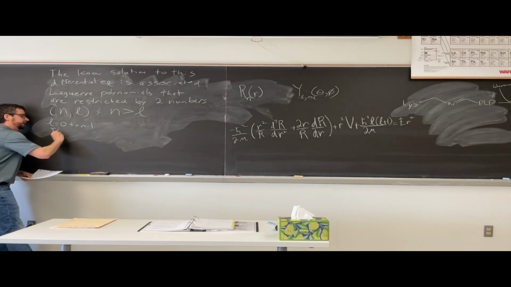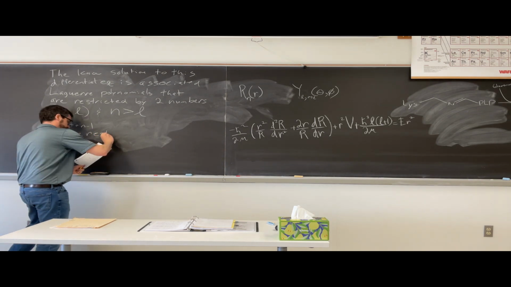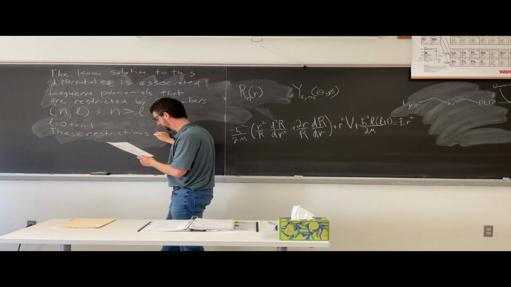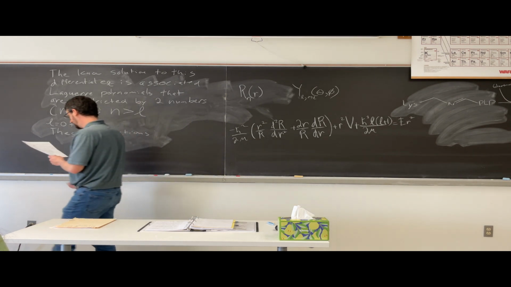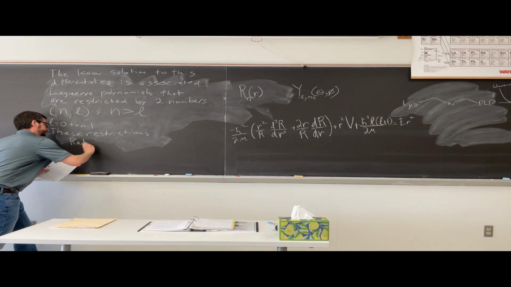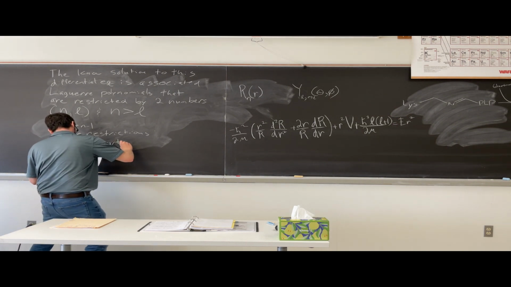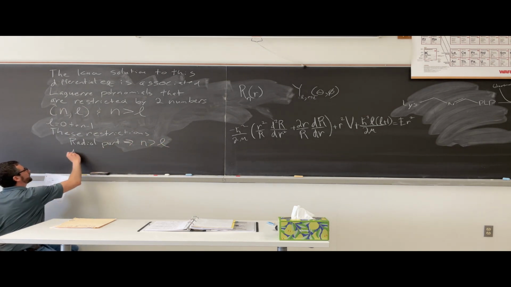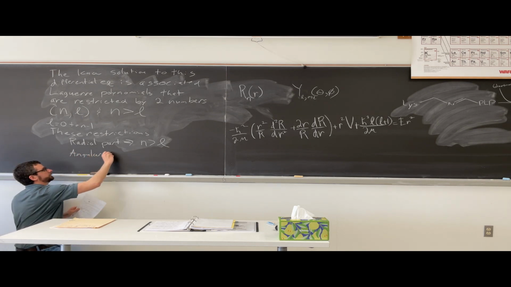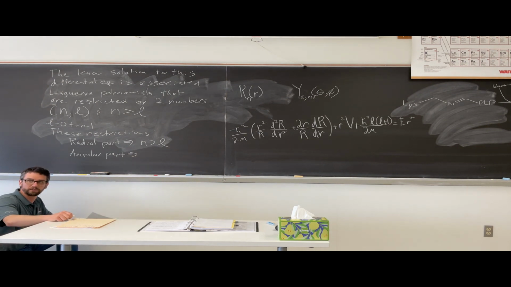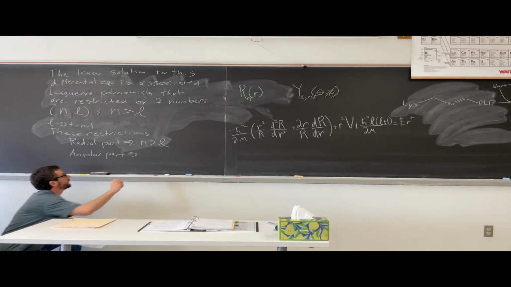From these restrictions, for what we're going to call the hydrogenic wave functions, the radial part where n has to be greater than L, and the angular part deals with which two quantum numbers?